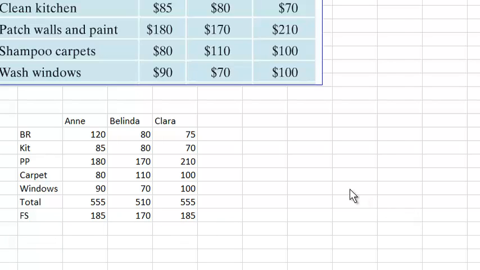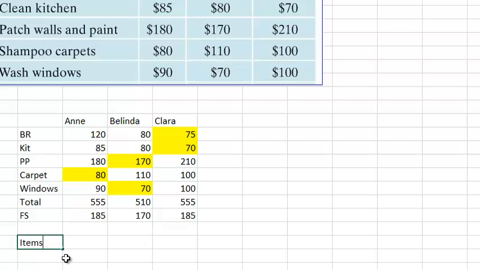Now we have to remember this is a reverse auction, so the person who gets each one is the low bidder. So Clara gets the bathroom, Clara gets the kitchen, Belinda does the paint, and Anne does the carpet, Belinda does the windows.